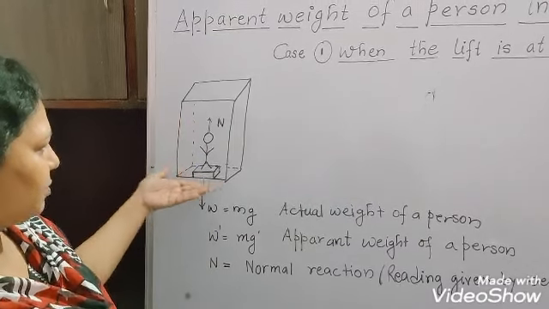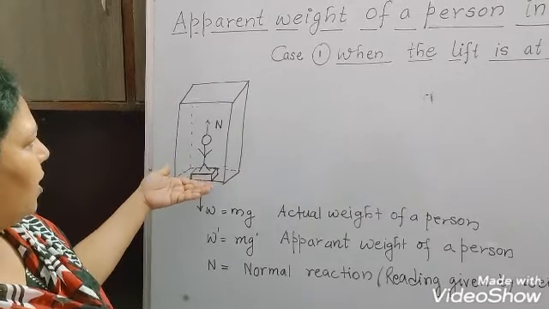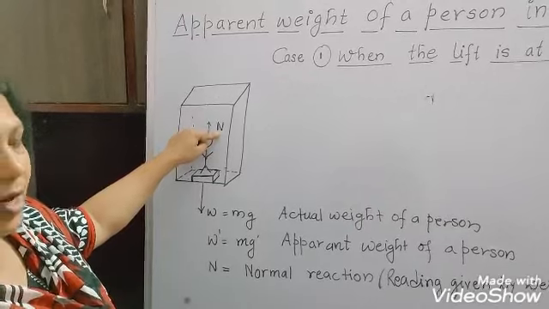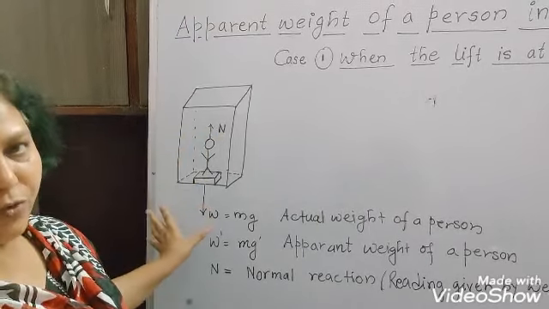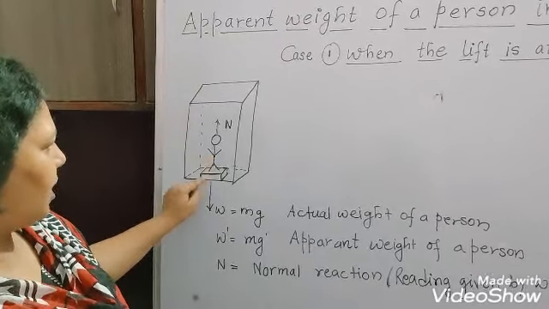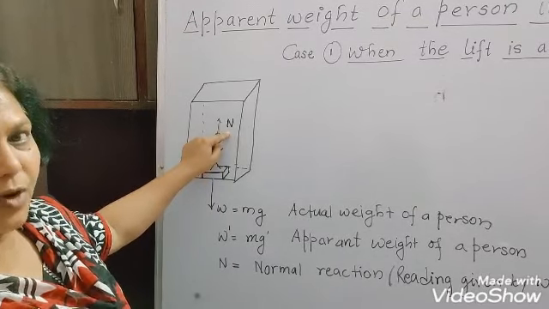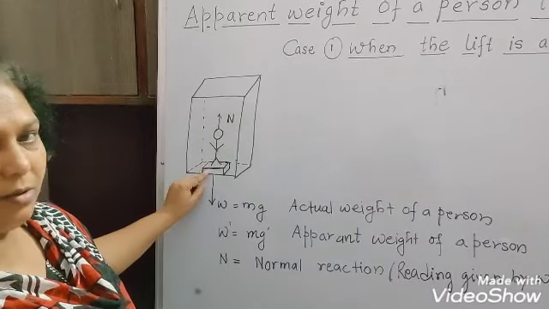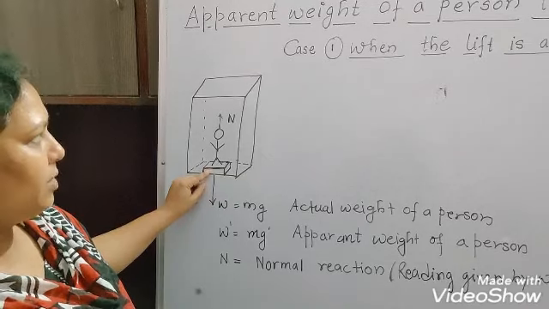Because the surface is parallel, this will work perpendicular, in the upward direction. So the normal is a perpendicular upward force, which is balancing all the downward forces. That means the reading coming in the weighing machine is actually N. Whatever N will be, that will be shown by the weighing machine.